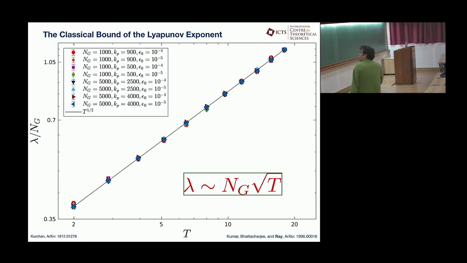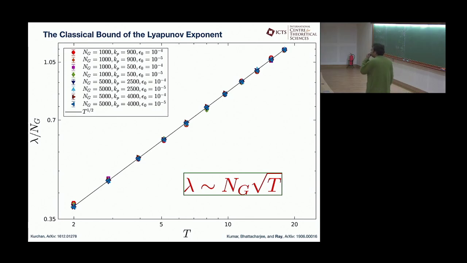So what we do is we plot lambda for different Ngs, for different perturbation wave numbers, for different amplitudes of perturbation, and happily they fall on a rather nice scaling, which is Ng square root 2, exactly what the prediction that we have.